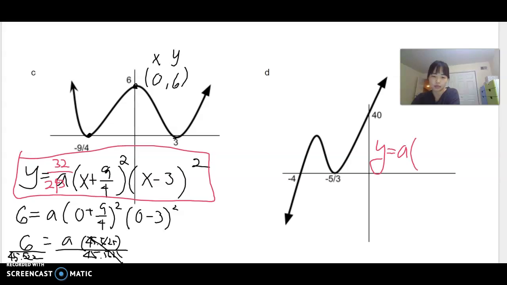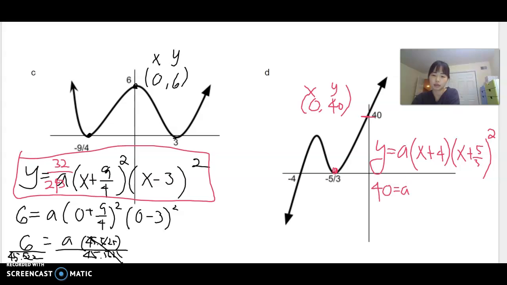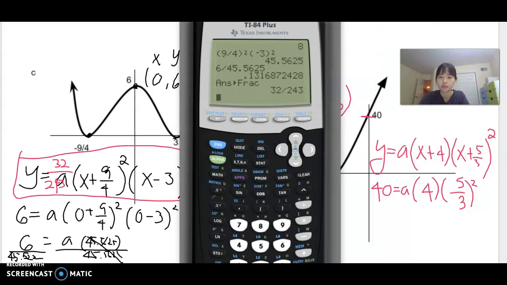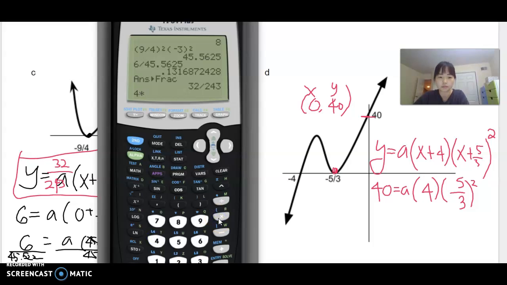Y equals a, negative 4, so it's going to be plus 4. Negative, so it's going to be positive 5 over 3. Bounce right there, so this is going to be 2. What point did they give us? 0, 40. So x, y. So 40 is going to be the y, a is going to be a, 4 and 5 over 3 squared, because I plugged in 0 for the x's. So that would be 4 times 5 over 3 squared.